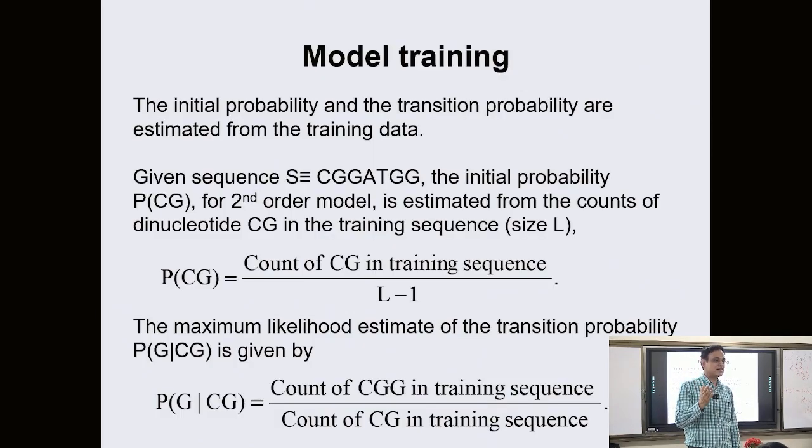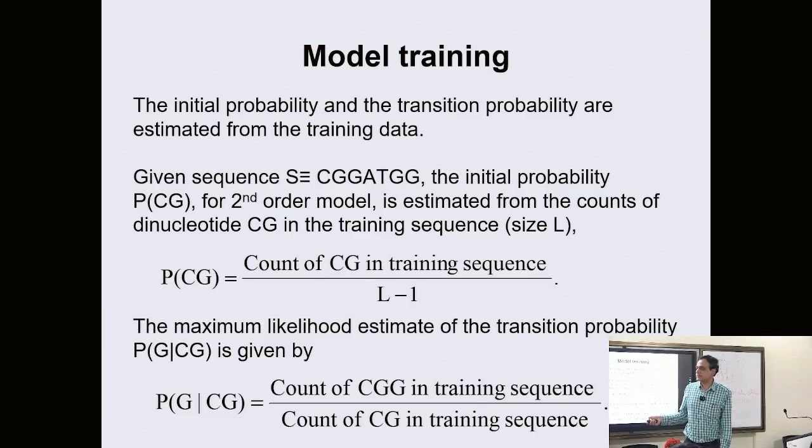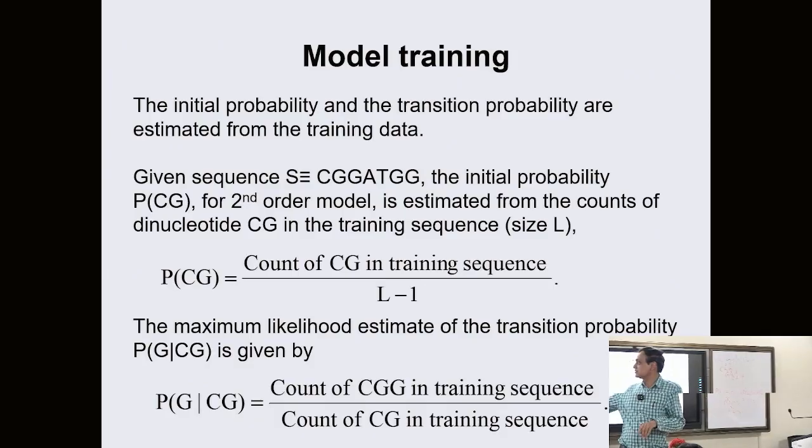That is basically counting CG in the training sequence. Of them, how many instances are there where CG is followed by G? I am saying this is the probability of G given CG. Given CG, how many of them have G following CG?